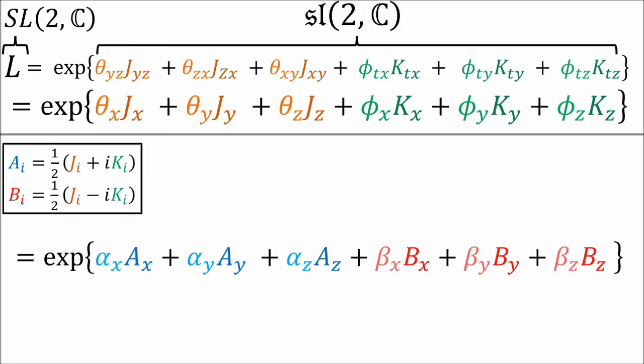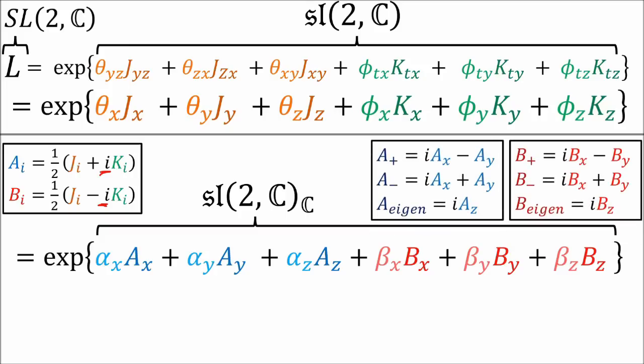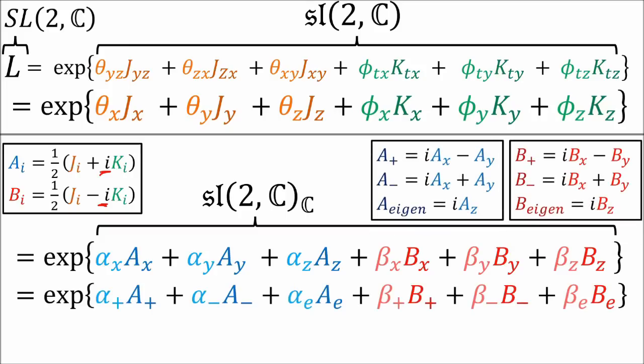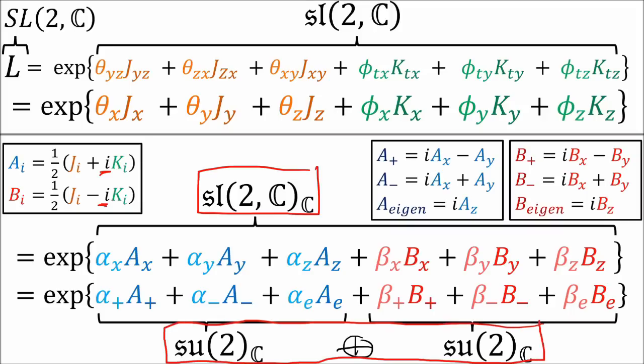Since this change of basis involves complex coefficients, we're now in the complexified SL2C algebra. We can now change basis once again to the ladder and eigenvalue operators, and each of these is a complexified SU2 algebra. So here we can clearly see that the complexified SL2C algebra is equivalent to the direct sum of a pair of complexified SU2 algebras. This is made obvious when we do this simple change of basis.